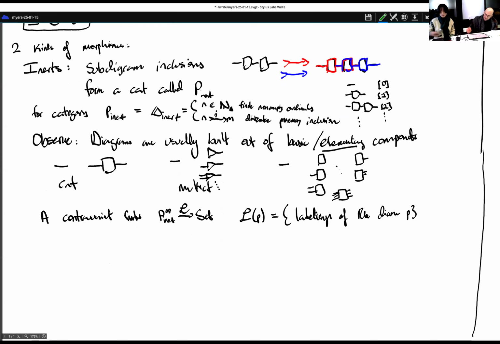And if that's to be true, when a diagram is built up out of elementary pieces, then to label a diagram, you should only have to label each of its elementary components.